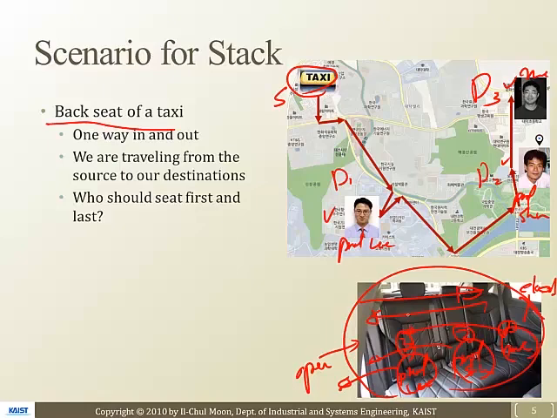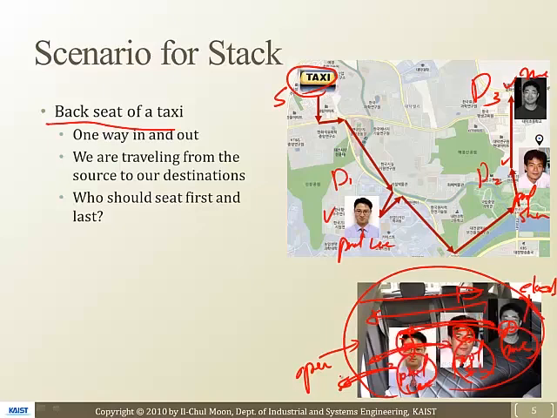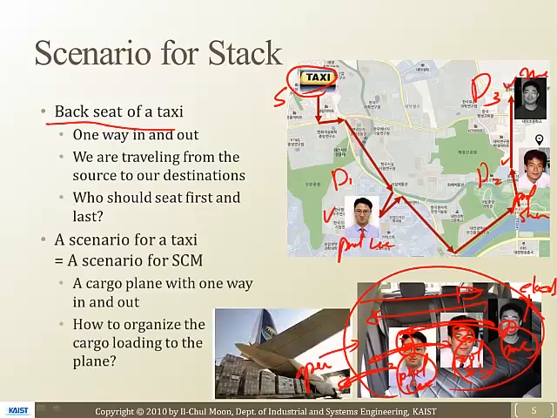So to make this happen, I should be the one who goes in first, and Prof. Shin should be the next one. Prof. Lee is going to be the last to sit in, so he is the first one who gets off, right? So we have this seat assignment.